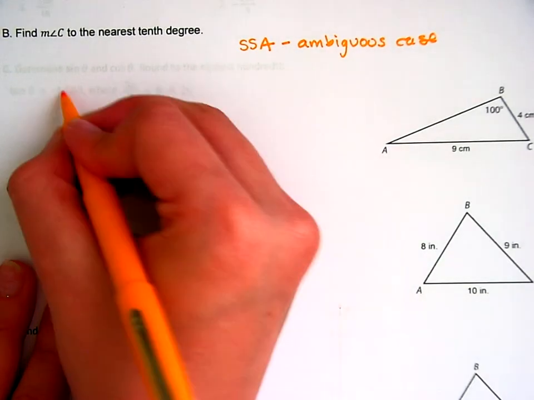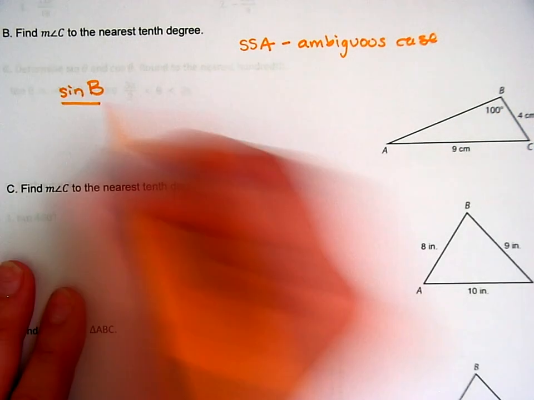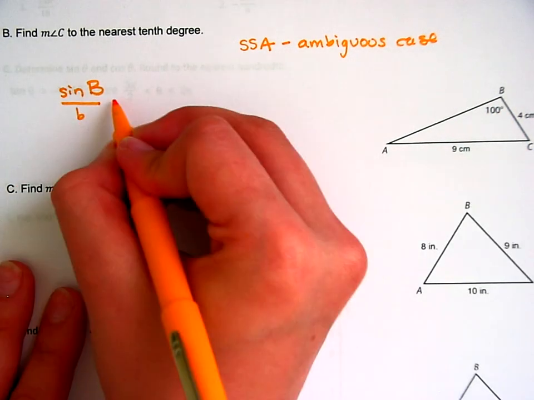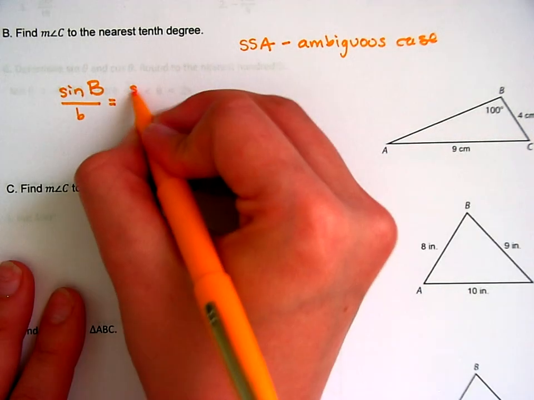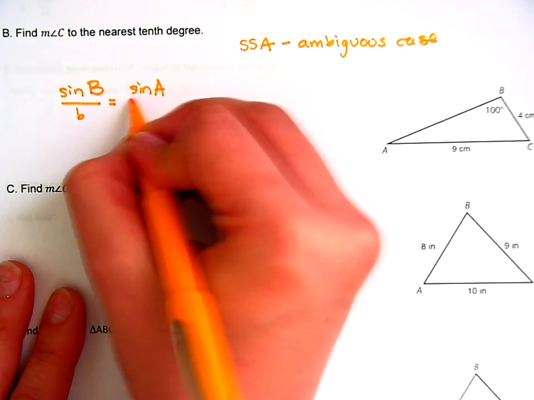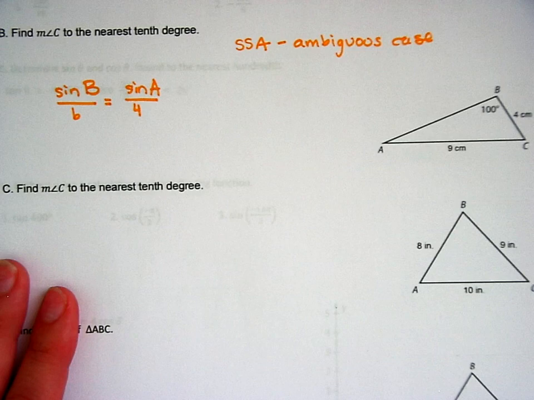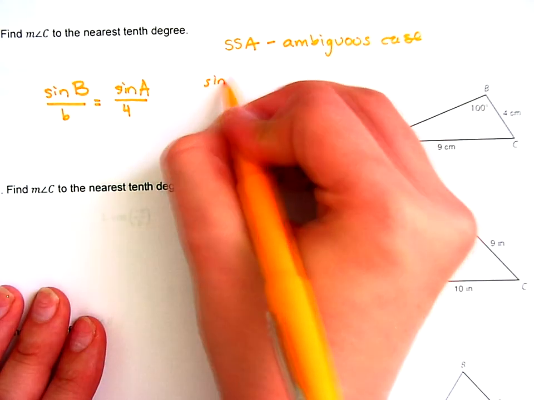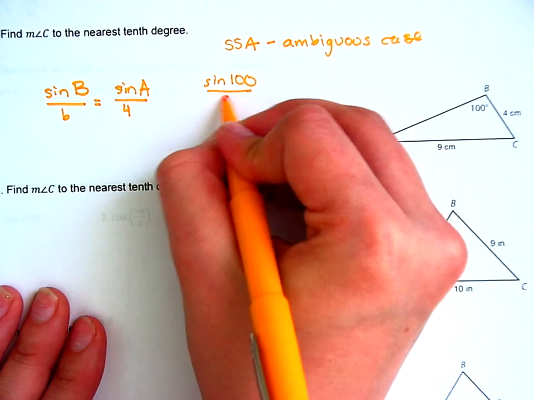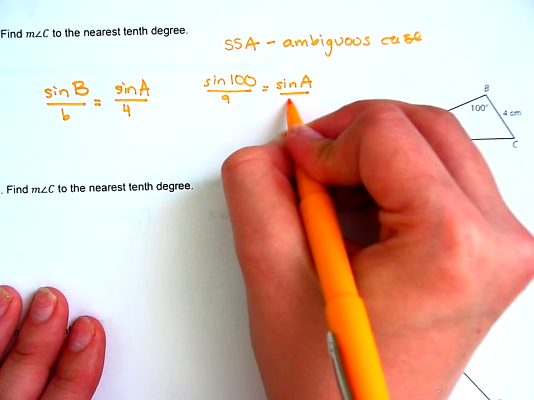Okay, so sine of angle B over the side length opposite is going to be equal to sine of angle A over the side length opposite. All right, now let's put the rest of our values in so we can solve this proportion. So this is sine 100 over 9 equals sine A over 4.